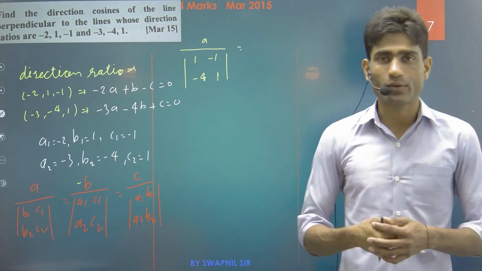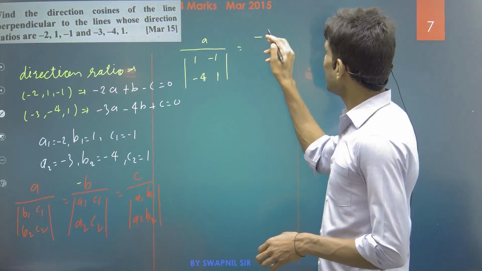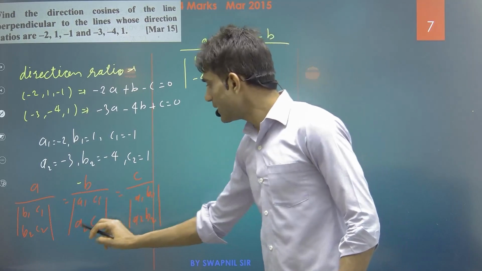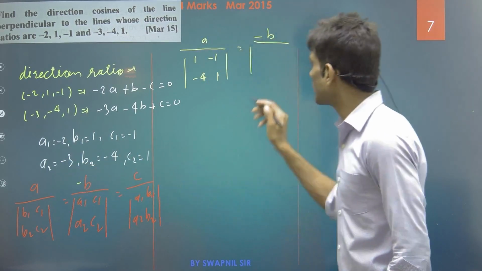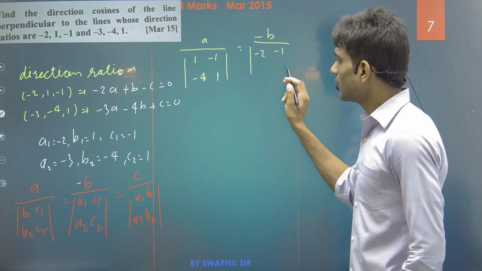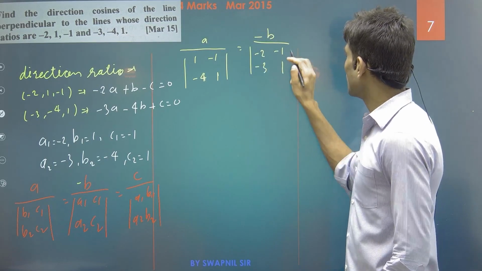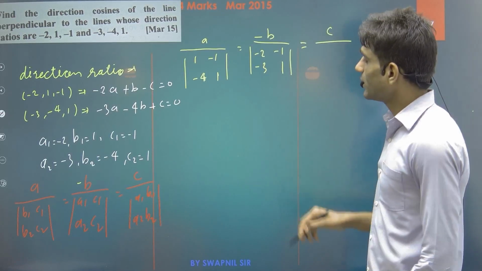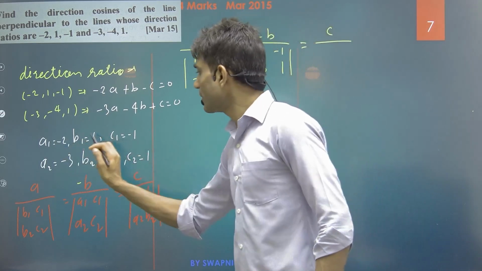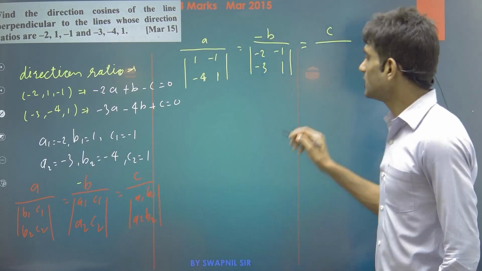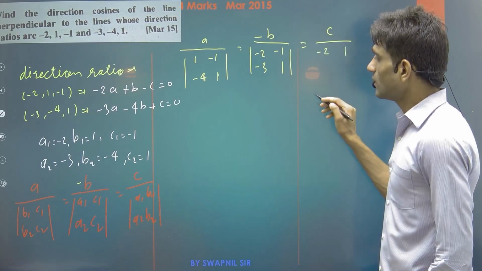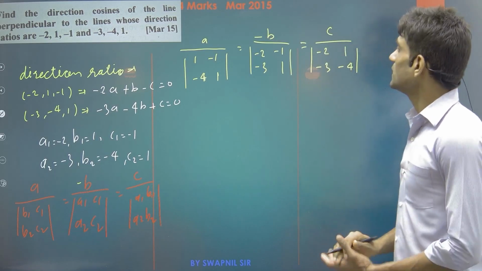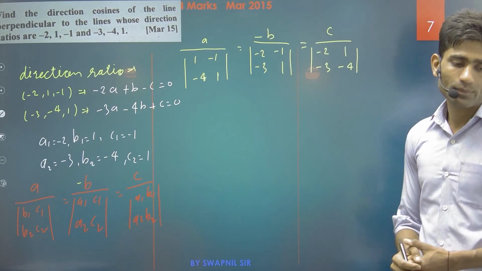So negative of B upon the 2 by 2 determinant of A1, C1, A2, C2, which is -2, -1, -3, 1. And third, C upon the 2 by 2 determinant of A1, B1, A2, B2, which is -2, 1, -3, -4. These are the three determinants for A, B and C.